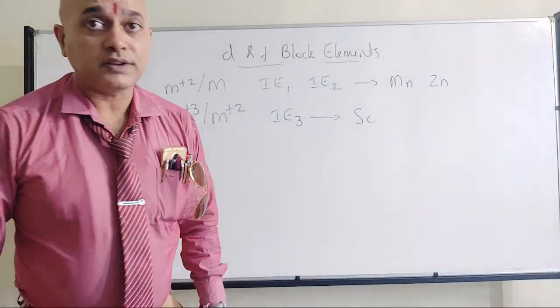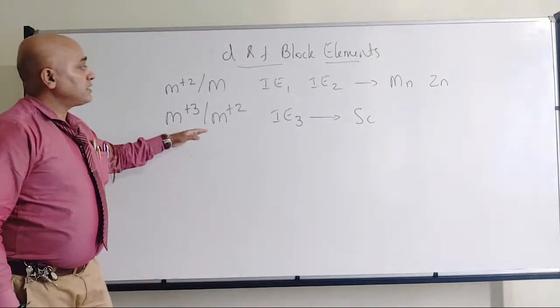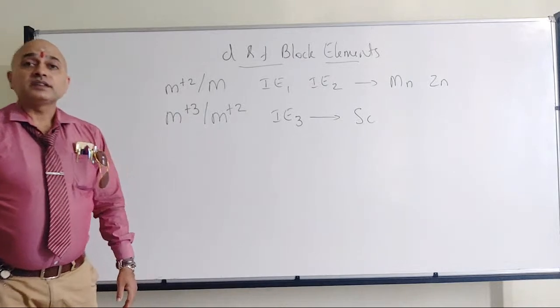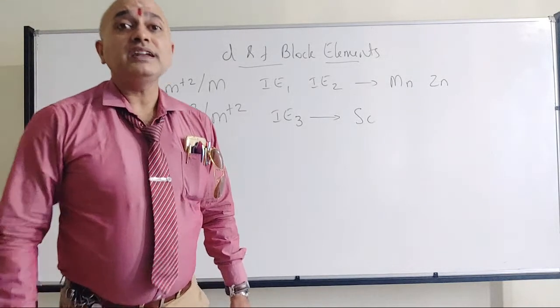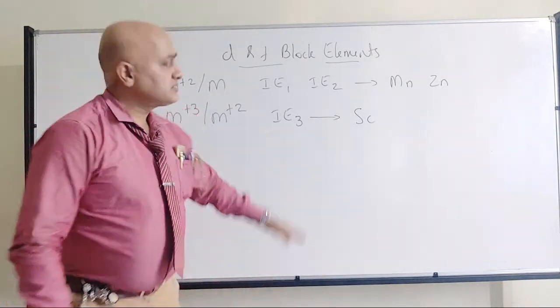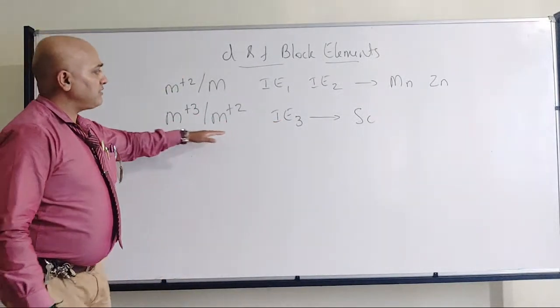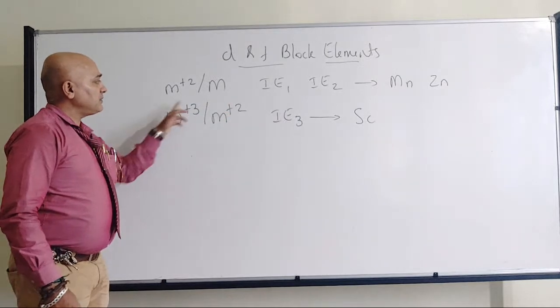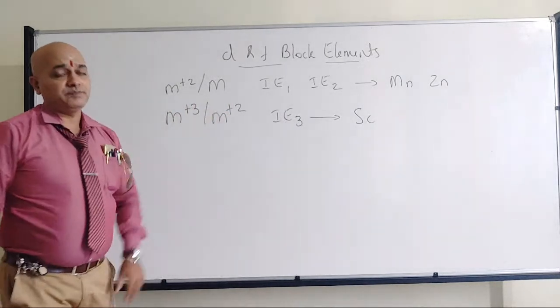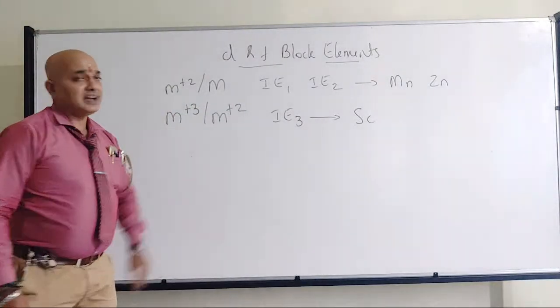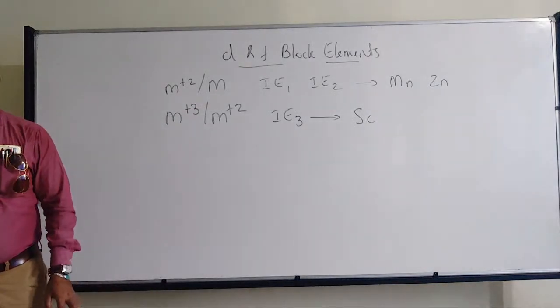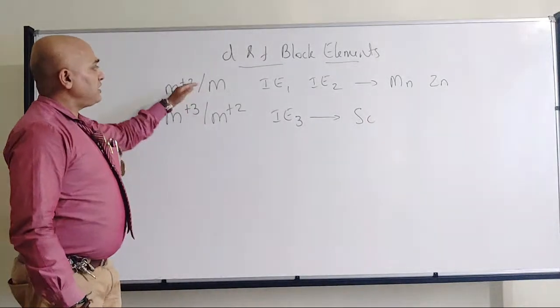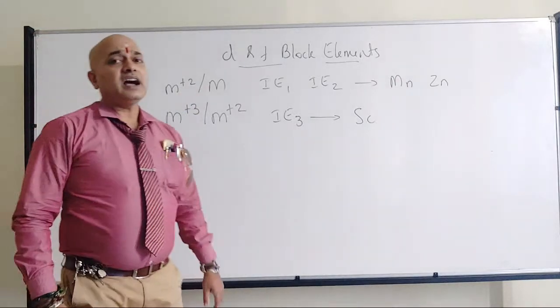Why scandium? Because it attains the electronic configuration of an inert gas. Therefore scandium has a high negative value for this redox potential condition for formation of this redox couple. All of you will agree? That's what we discussed in the last class.